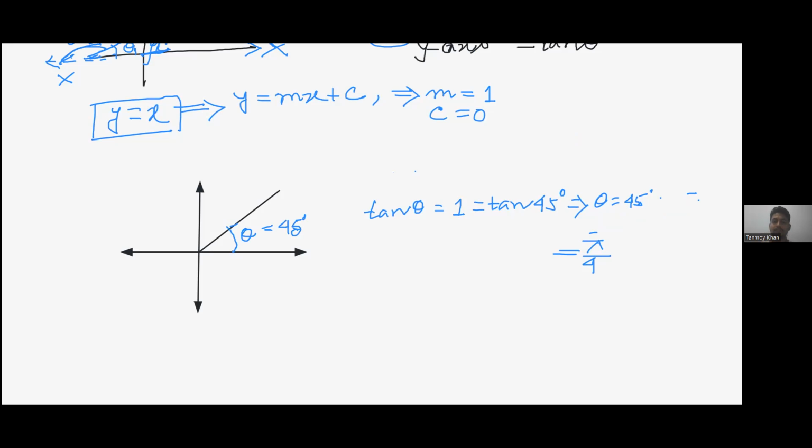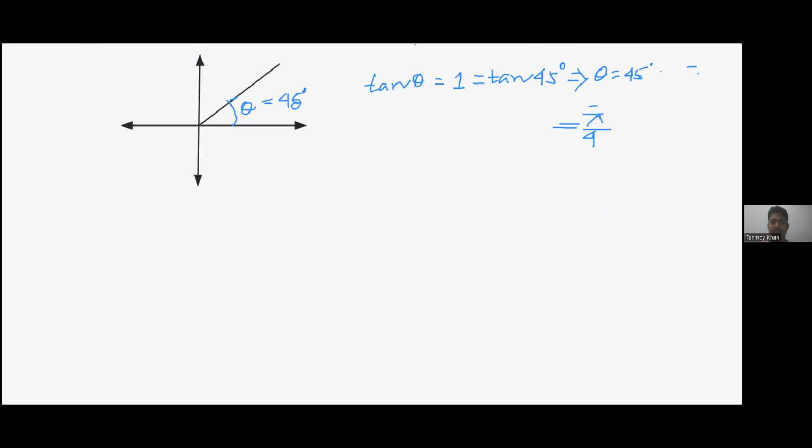So you can draw any straight line by comparing this. Let's say one of the equations is y equals 2x, another simple one. How will it look? Obviously, you know this will be a straight line. Just compare it with y equals mx plus c.